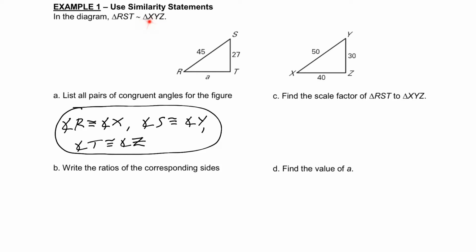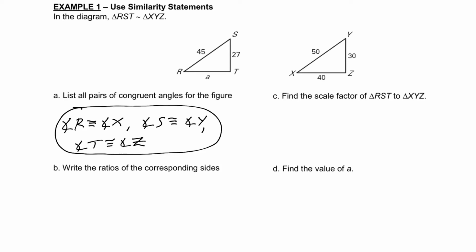That's going to be segment XY. And then the same idea, the second two letters, segment ST, is going to correspond with segment YZ. And then the first and third letters, segment RT, is going to correspond with segment XZ. Okay? So we could do that just looking at the similarity statement.